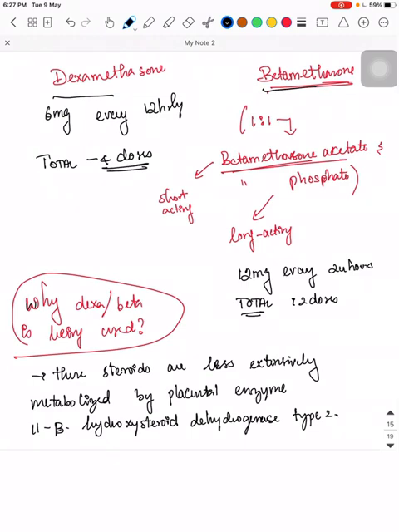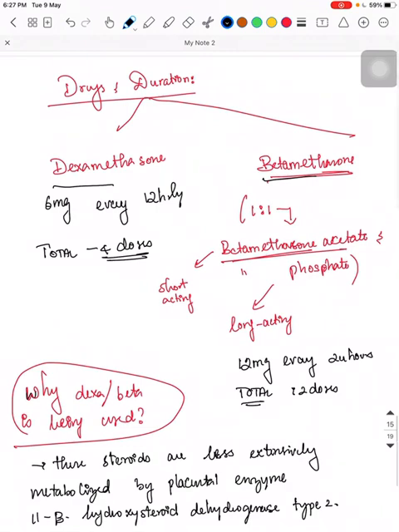Okay. So this is the dose and the duration of the drugs.